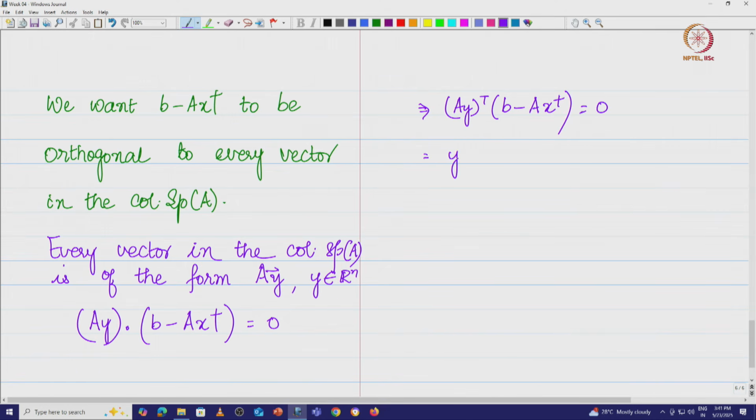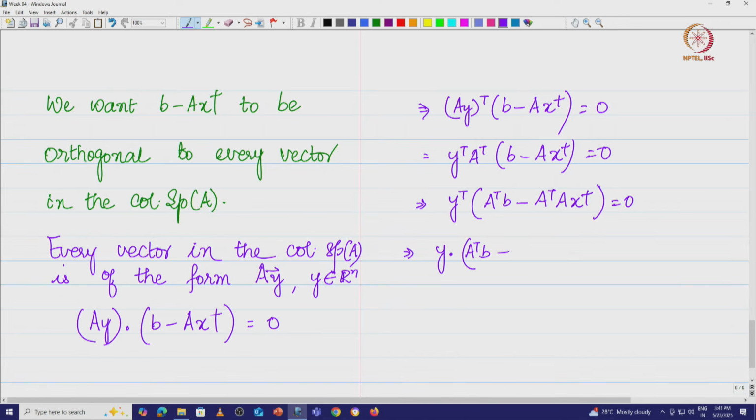Which is nothing but (Ay) transpose into (b minus Ax dagger) equal to 0, which is y transpose A transpose into (b minus Ax dagger) equal to 0. This implies y transpose into (A transpose b minus A transpose Ax dagger) equal to 0, which is essentially saying y dot (A transpose b minus A transpose Ax dagger) equal to 0, for all y.